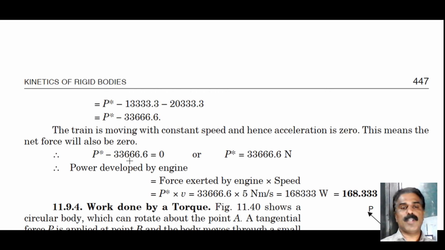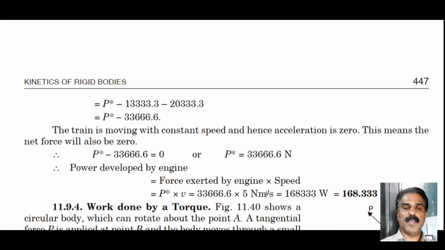So P star minus 33,666.6 equal to 0, or P star is 33,666.6 Newton.